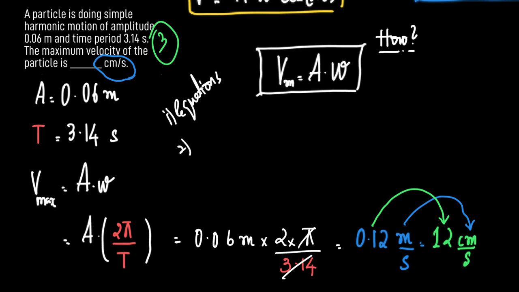Then we'll solve it using the visual methods. Like we'll try to understand what this simple harmonic motion represents in a visual way. We'll take some examples, and then we'll use the phasor diagram to solve this.